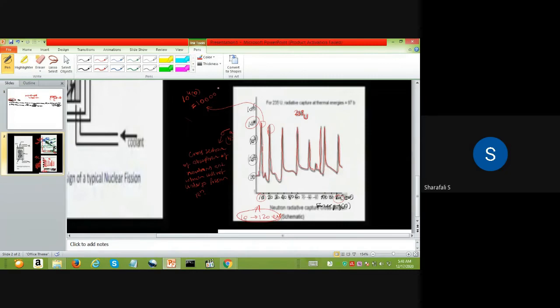This much of barns. So it is a very high absorption cross section for uranium 238 when it has very small energy. And you can see different peaks here all the way.